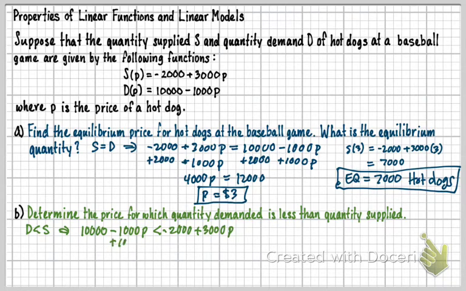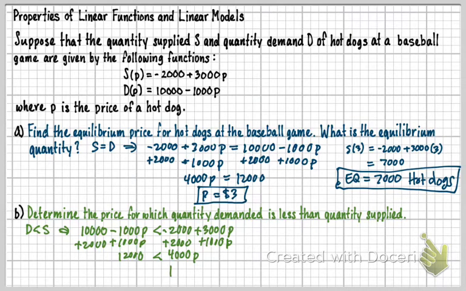So I'm going to add 1,000 P to both sides, and I'm going to add 2,000 to both sides. So really, the same thing I did in the top. So now this is going to be 4,000 P on the right, and then on the left, I'm going to get 12,000.